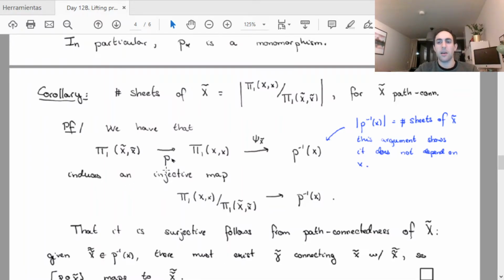All right, and a corollary of this, which I've written here in blue, is that a priori, from the definition of covering space, it is not clear that the cardinality of this set doesn't change. But what we have shown, let me see, yeah, we've shown that it does not change, due to this argument.